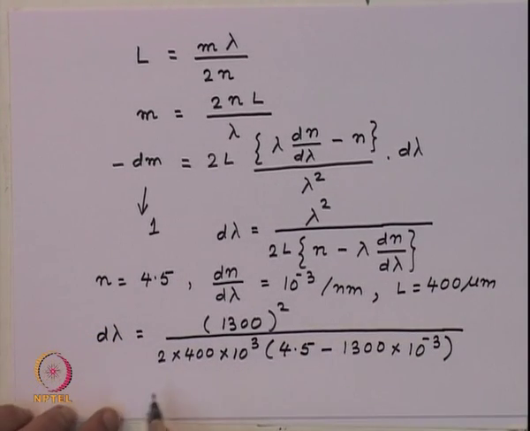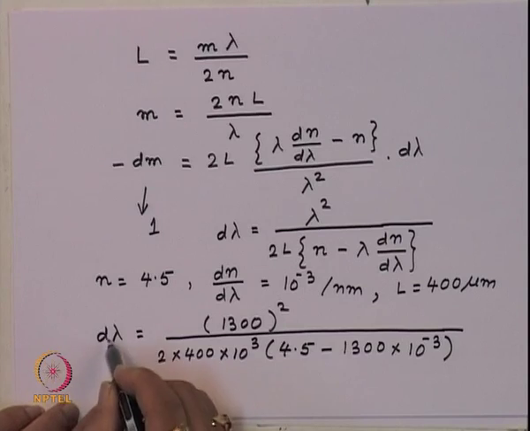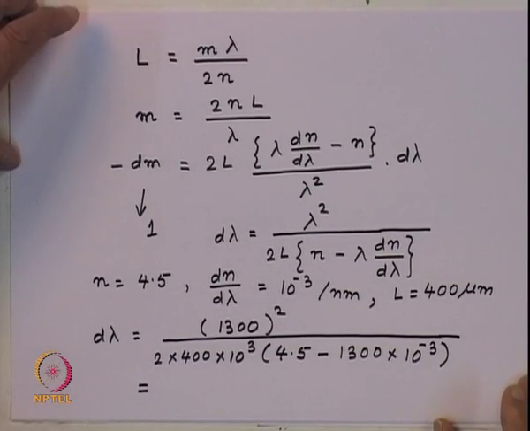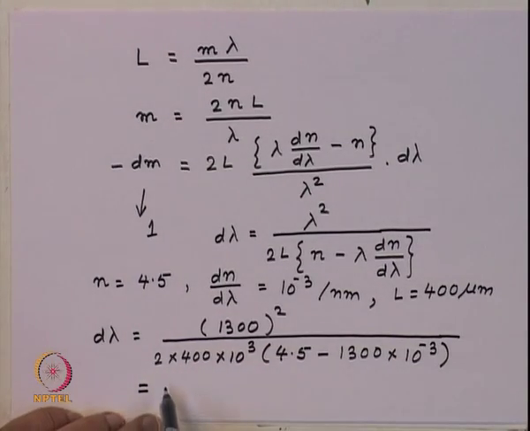If you solve this, you get the separation between the lines for this laser, that will be equal to 0.66 nanometer.